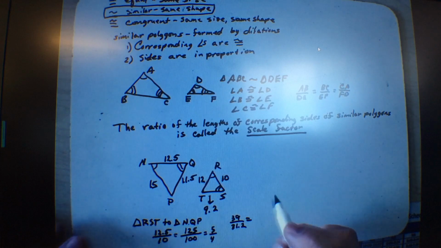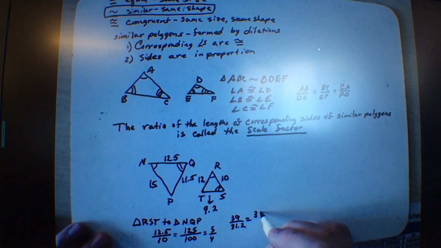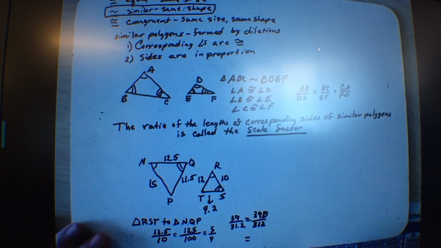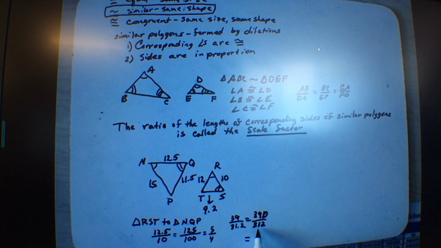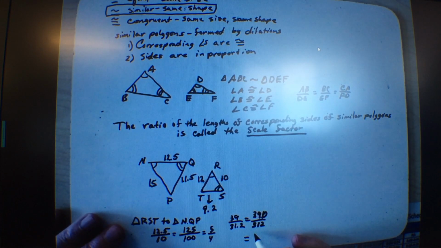Okay, I'm going to see if the author did this right. Okay, so it's 390 over 312, correct? Can we simplify that? You can do it by 3.